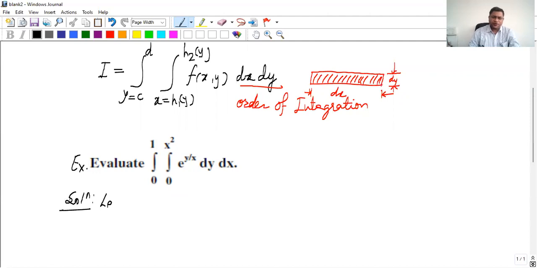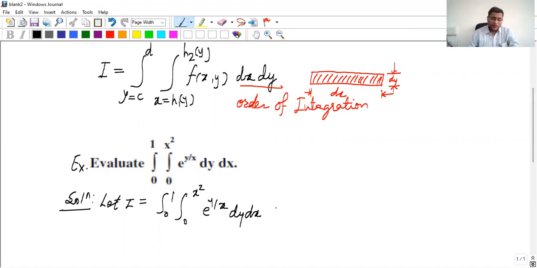Let I be equal to integral 0 to 1, integral 0 to x square, e raised to y by x, dy dx.